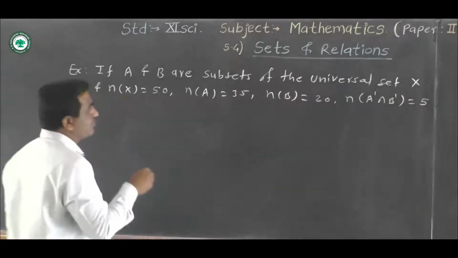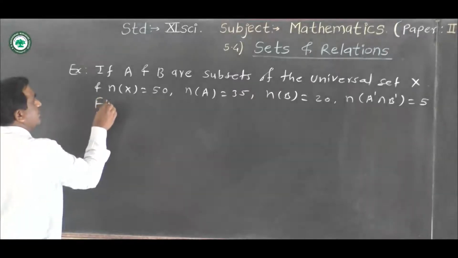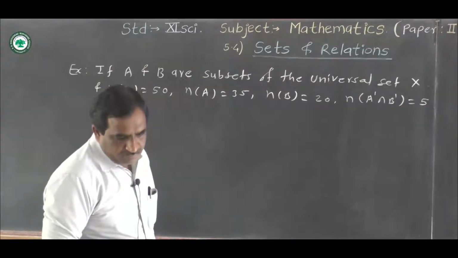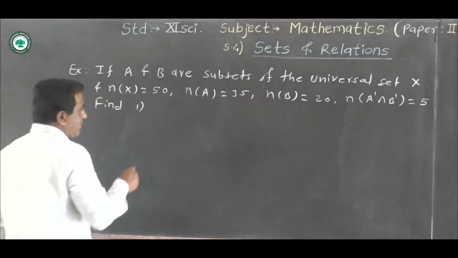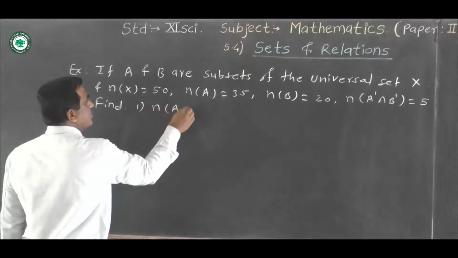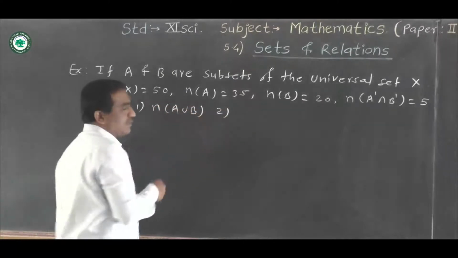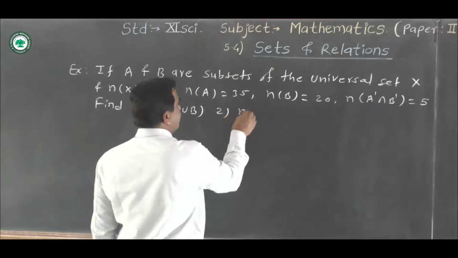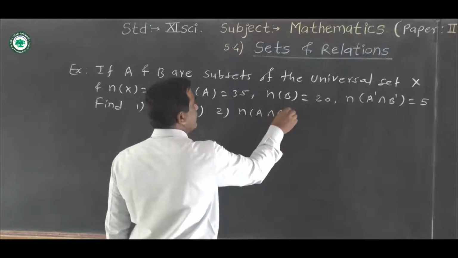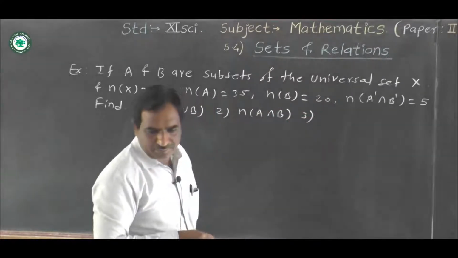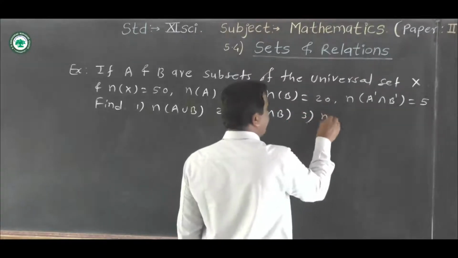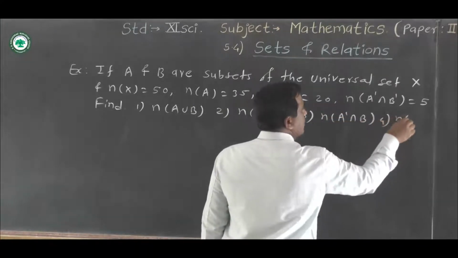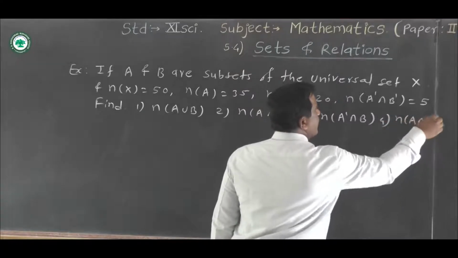Then find first n(A union B), second n(A intersection B), third n(A' intersection B), and fourth n(A intersection B').